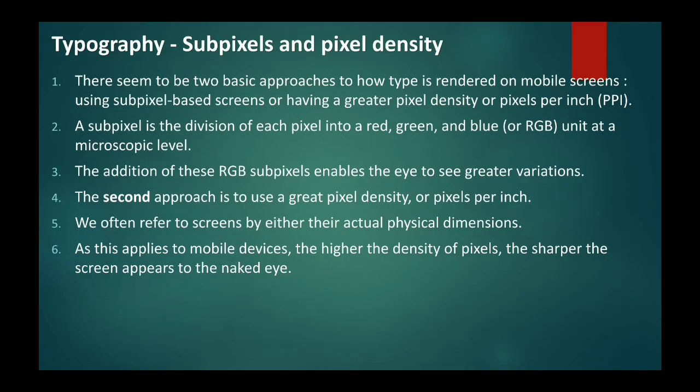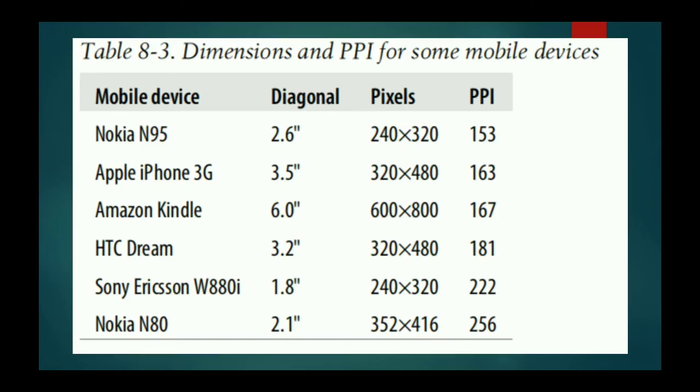Subpixel and pixel density. As you can see, different mobile devices have different diagonals, for example a 2.6 inch screen. The pixels are 240 by 320. It means pixels per inch: in 1 inch, how many pixels will be there? 153 pixels will be there.